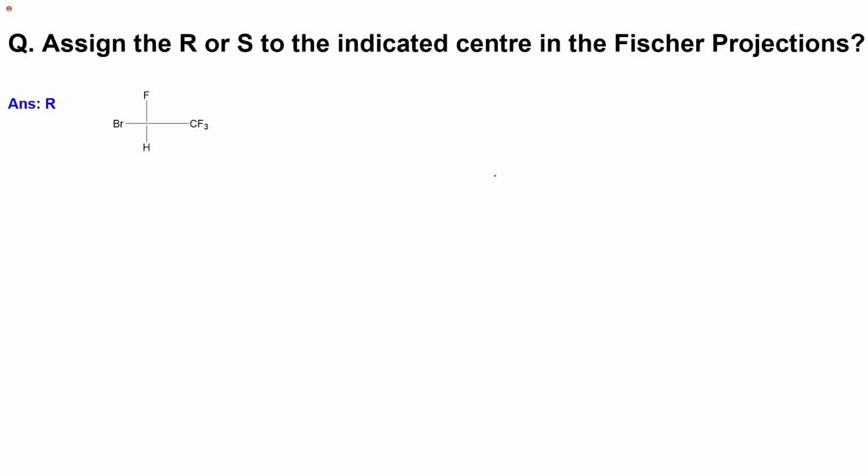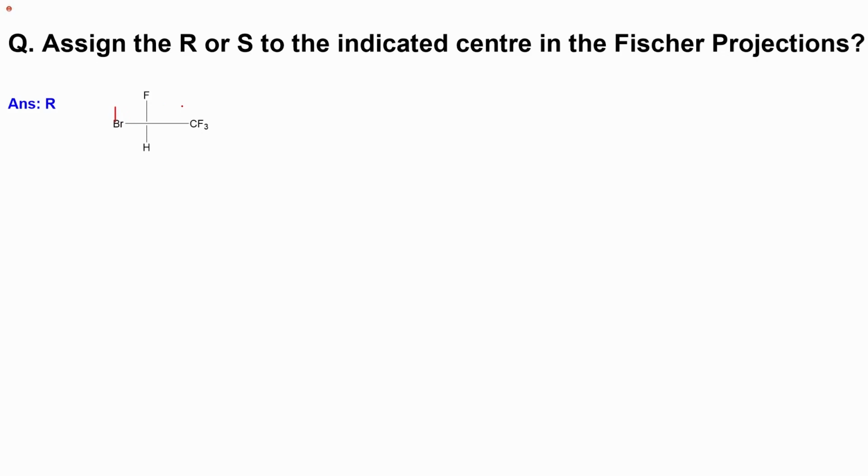So you can see a simple example of this one. I have taken one simple example where bromine, CHF and CF3 are there. Assign R or S to the indicated center in the Fischer projection. Now you can see here, this is 1, and this will be fluorine and CF3.